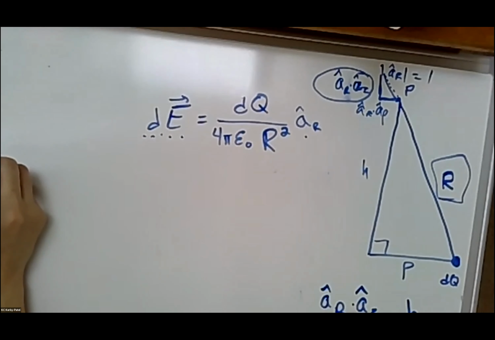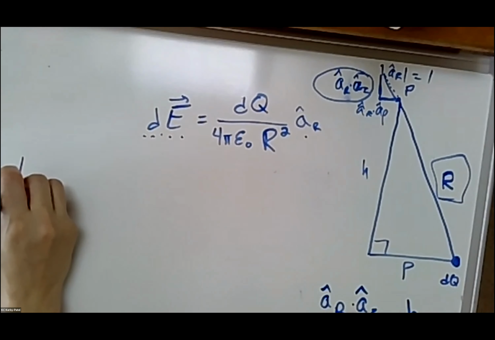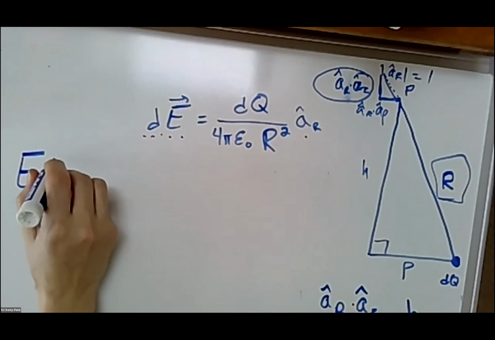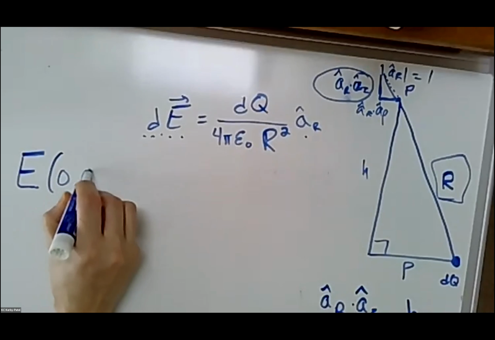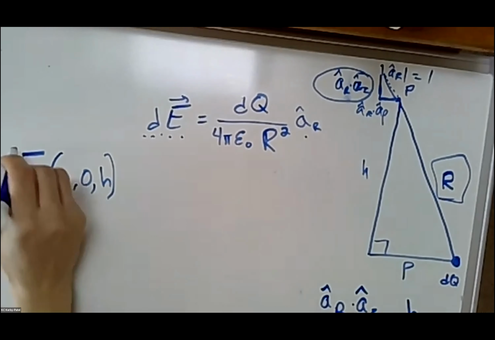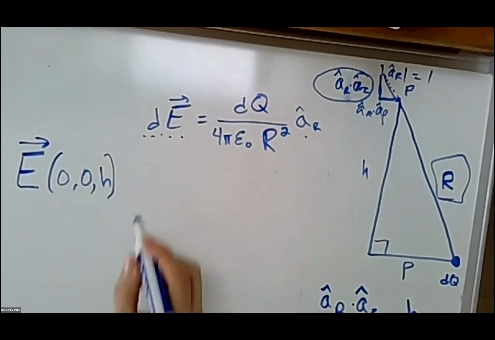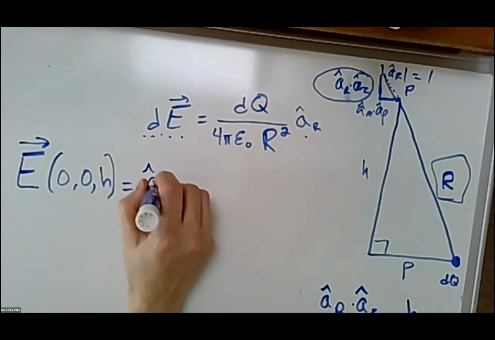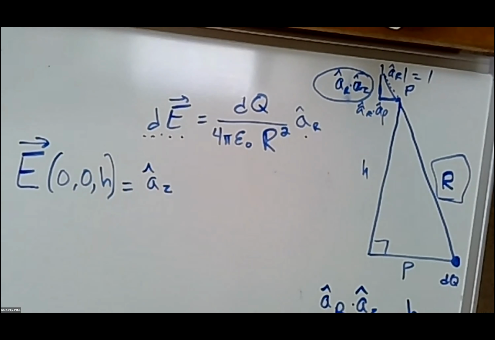I'm going to write that the total electric field at some location 0, 0, h, because that's the only thing that we're asked to solve. We're not finding it anywhere other than the z-axis. It's a vector. It's going to be z-directed because of my symmetry argument. So I'm going to write a hat z right here at the beginning.